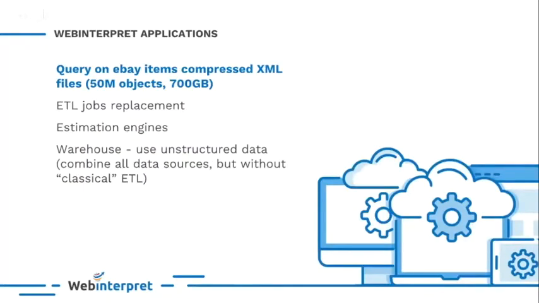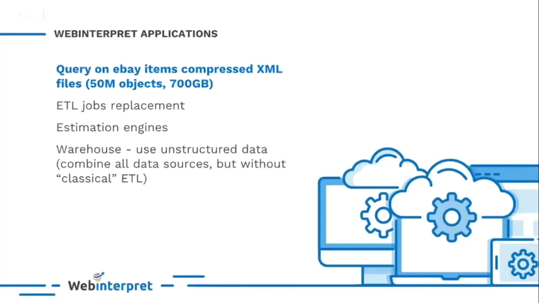Okay, let's move on to applications at Web Interpret. One example that I will show you later is that we are helping eBay customers sell their goods abroad. Items on eBay, which you can read the description of and decide to buy, are represented as XML files, and we have quite a lot of items: about 700 gigabytes of compressed data.